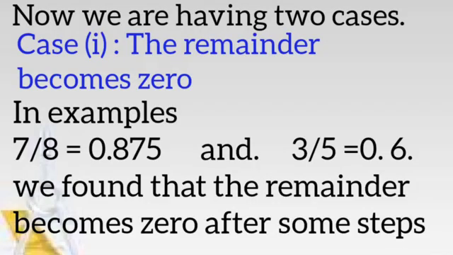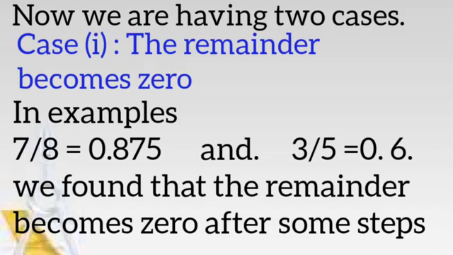Now, we are having two cases. If we find the decimal expansion of a rational number, just look at the first example, 7 by 8. The answer is 0.875. Its decimal expansion terminates. That is, after some steps, it will stop. In the second example, 3 by 5, the answer is 0.6.